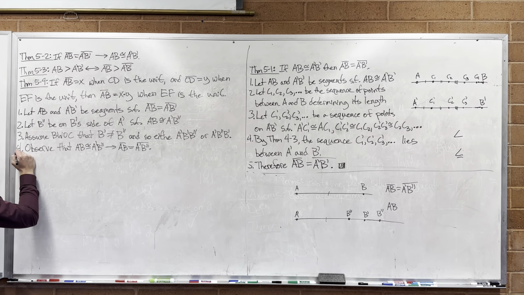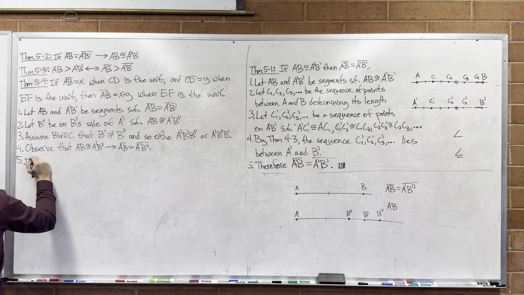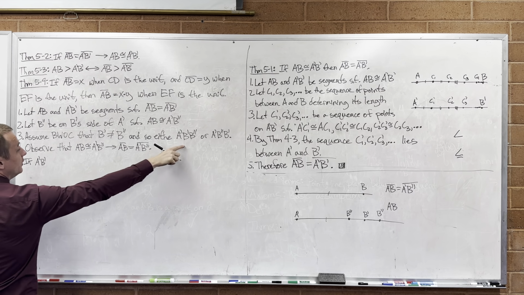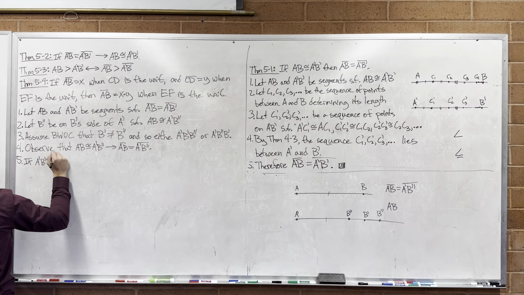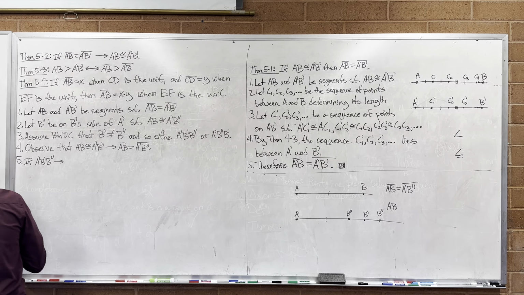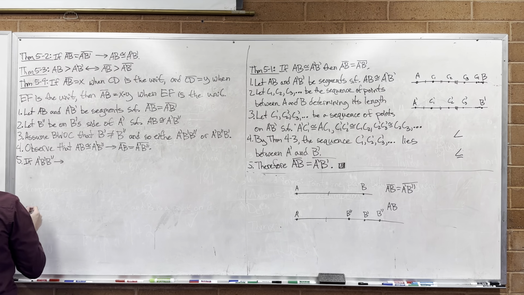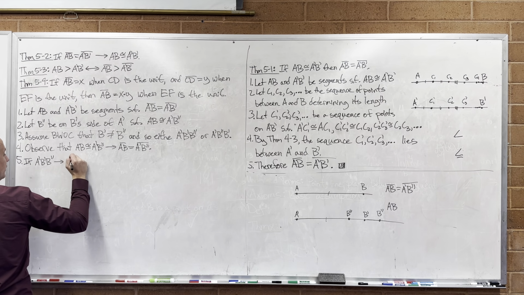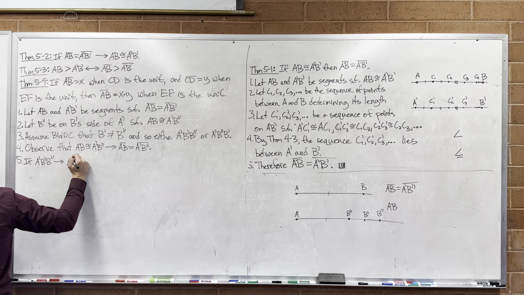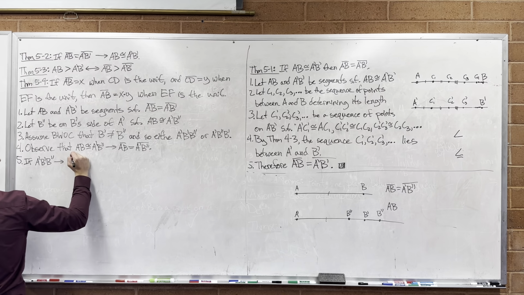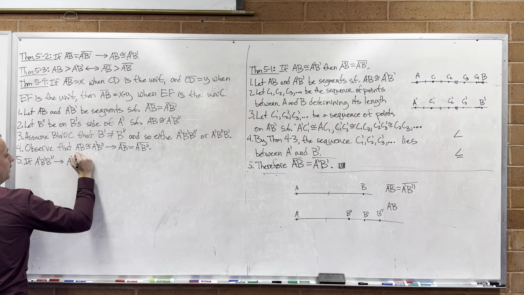So now let's handle each of the cases. Step 5: if we were to have A prime, B prime, B double prime, our first case, then what do we get?